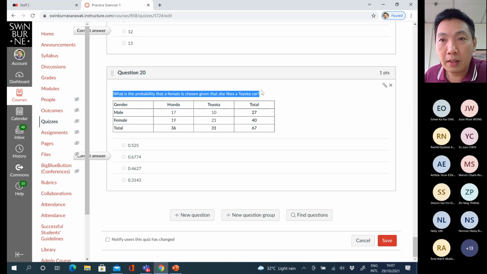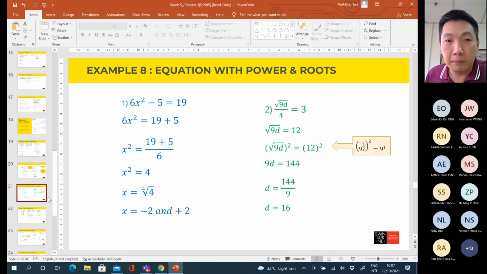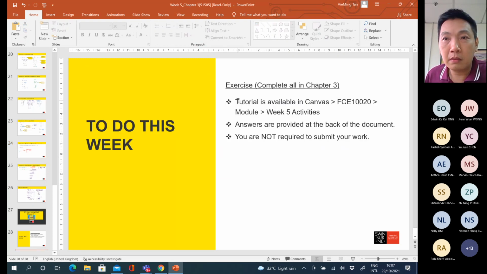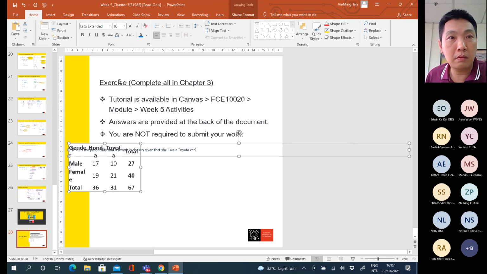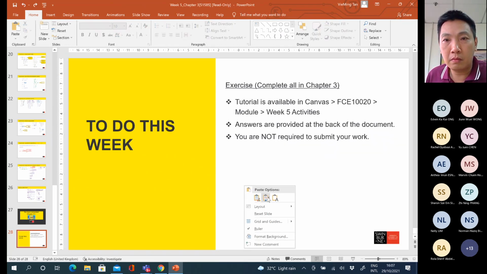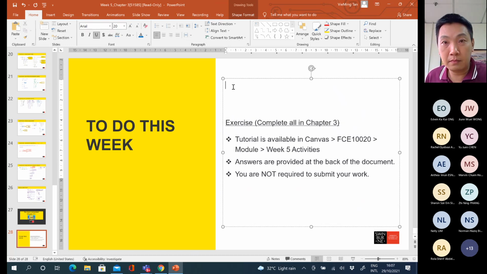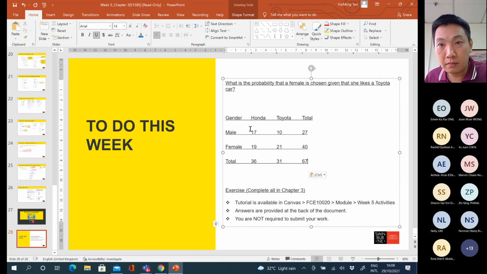Okay, I copy this sentence and paste it to one of the PowerPoint slides.